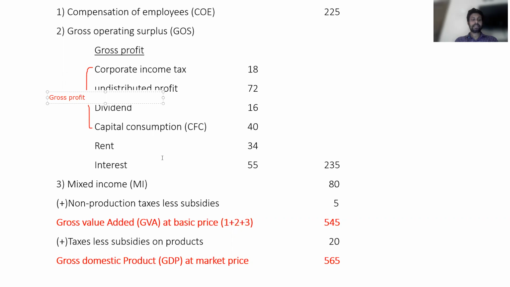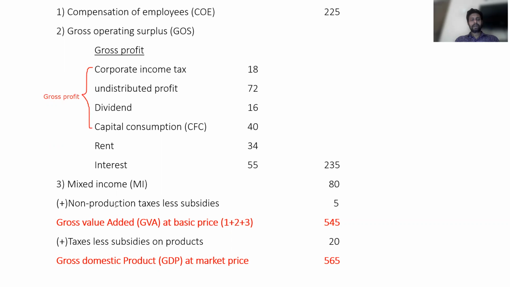Thereafter, rent and interest, another factor income, sometimes net interest. When particular charges and expenses are also there, all the expenses are deducted from the interest income, then we look at net interest here. Then third one, mixed income.